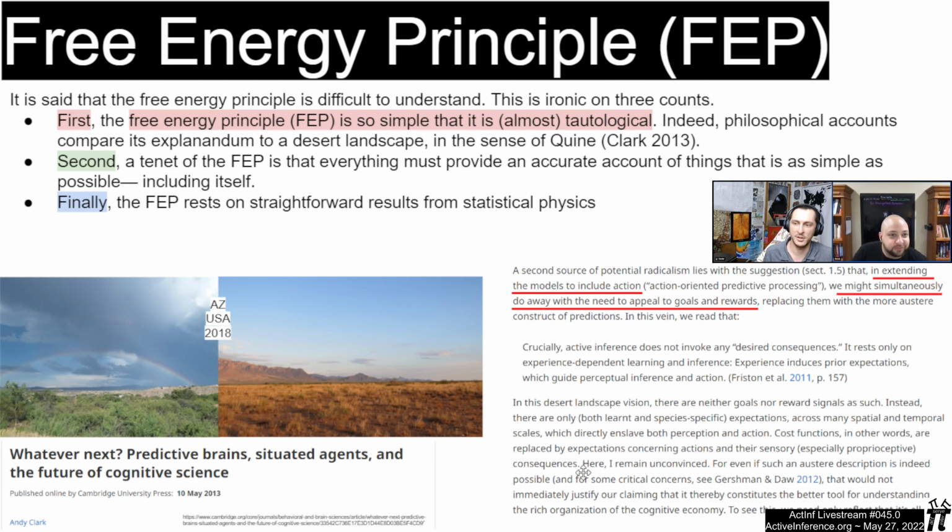So. Yes, and also note that Clark in 2013 wrote, I remain unconvinced. Even if the austere description is possible, this would not justify the claim that this is the better tool for understanding the cognitive economy. So it is intractable, so it's like, yep.